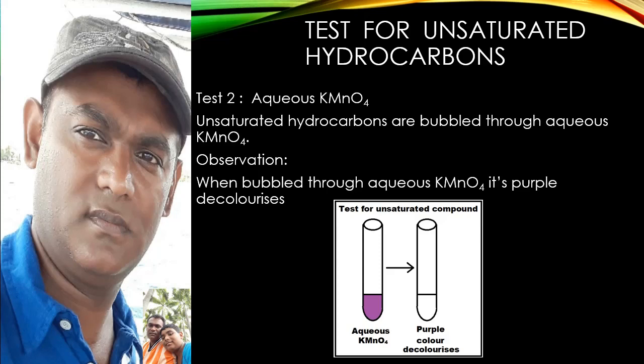When unsaturated hydrocarbons are bubbled through aqueous potassium permanganate, KMnO4, what you can observe is that its purple color decolorizes. Once again, only unsaturated hydrocarbon will decolorize the purple color of potassium permanganate, whereas there won't be any change for saturated hydrocarbons.